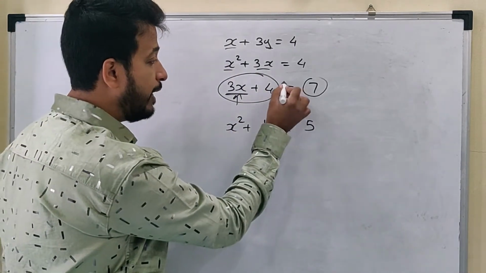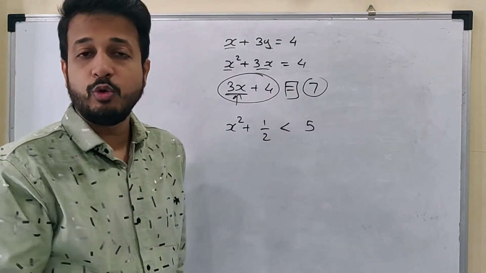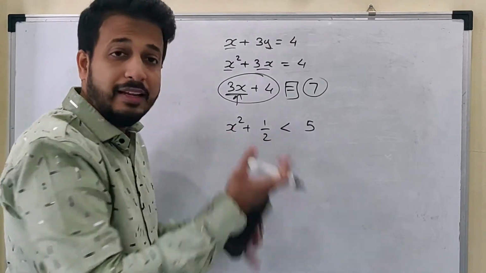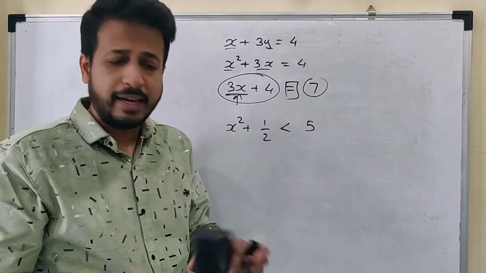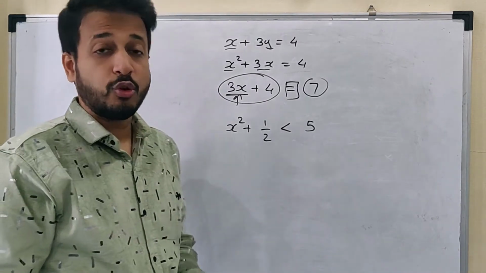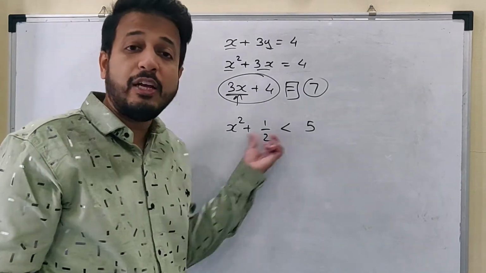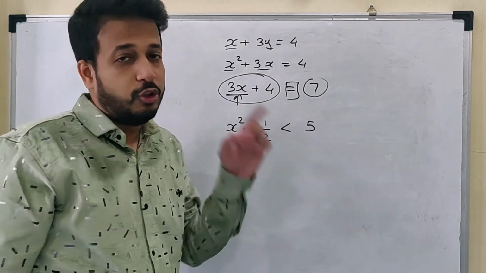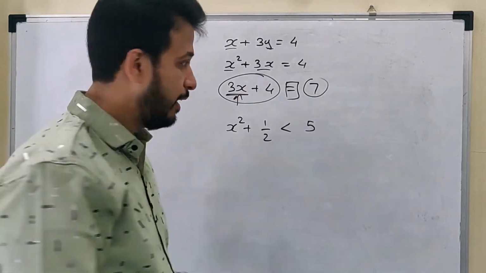In an equation you have the equal to sign; here you don't have an equal to sign. Here you have the less than sign or greater than sign. That's why this is called inequation, because this is not equal to this. So we are going to study this topic today, right?